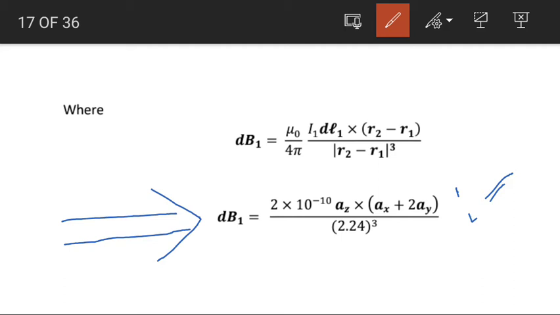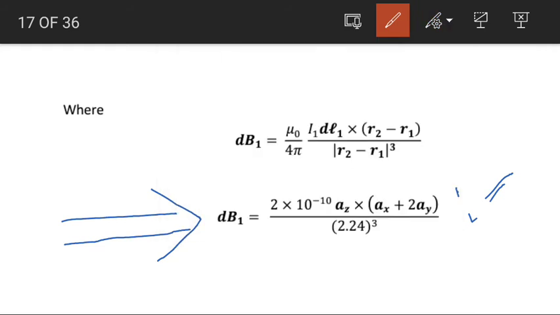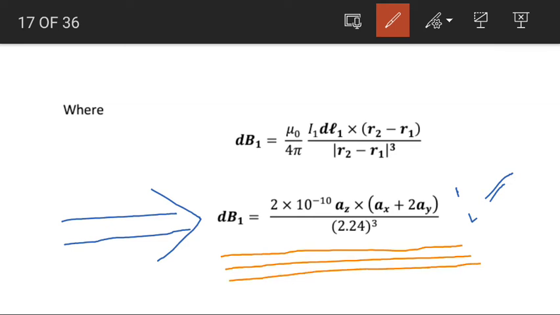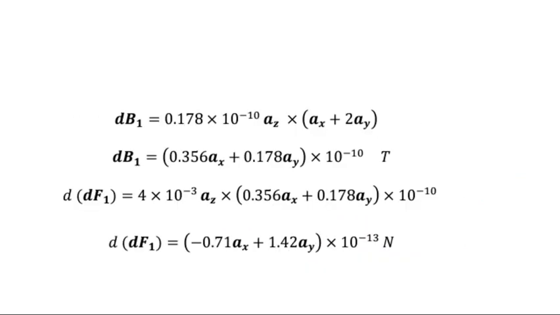We simplify this equation, and the simplification of this equation gives you the differential magnetic flux density, which is generated by the current in the first differential current element.